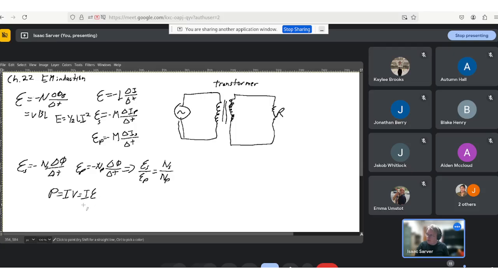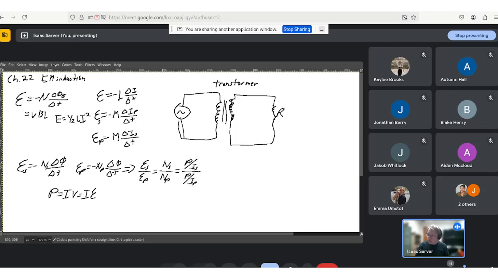Since the power delivered to this side of the coil has to be equal to the power delivered to this side of the coil, we can solve for I and end up with P over V secondary is equal to P over V primary.